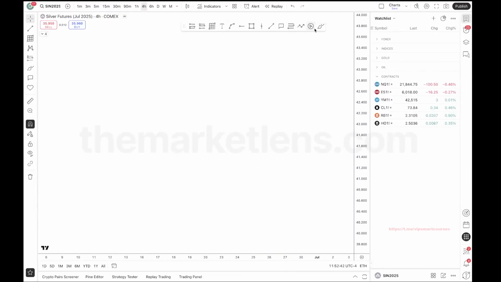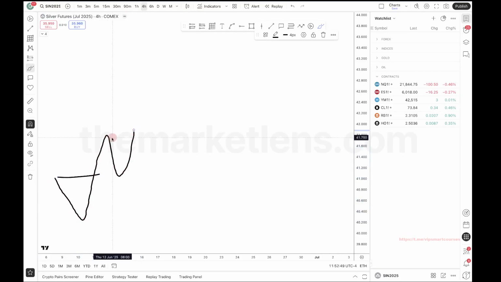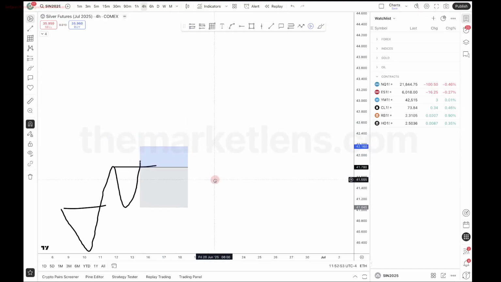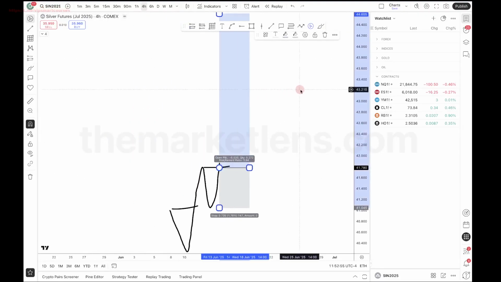My Friday trade was, so basically I entered right here, for example. This is my first position, right? Let's say I'm targeting a high up here.